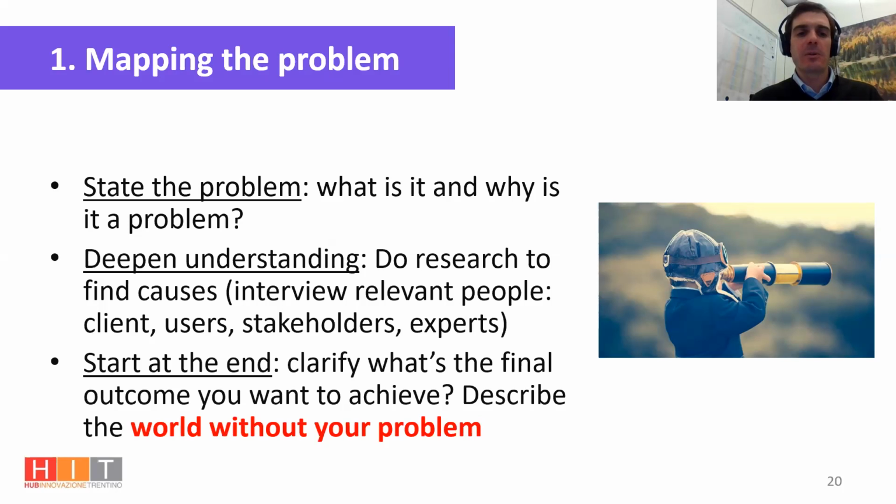You can understand this also as to start at the end. Okay, so it's not enough to clarify what the problem is, but you also want to clarify where you want to go, what you want to achieve by the end of the sprint, and what impact you want to achieve by means of any solution.